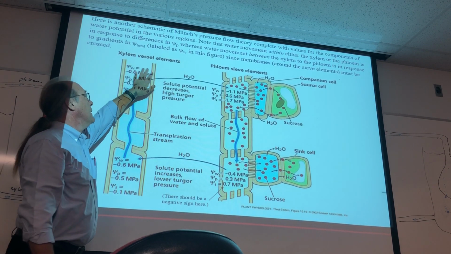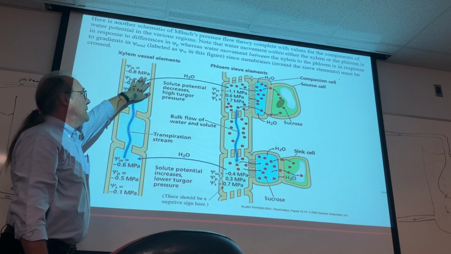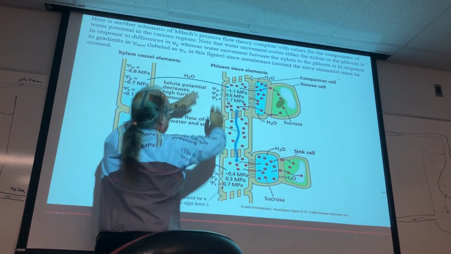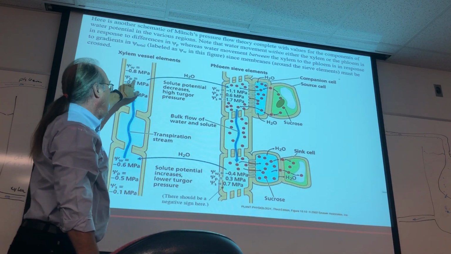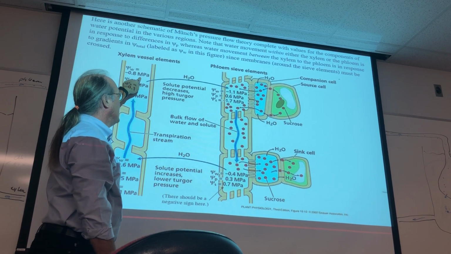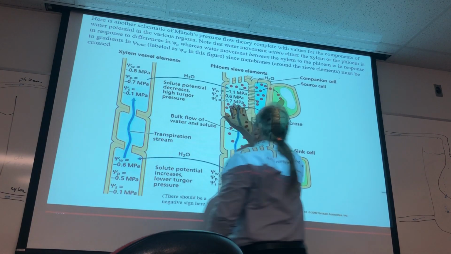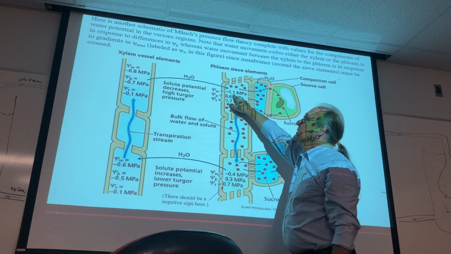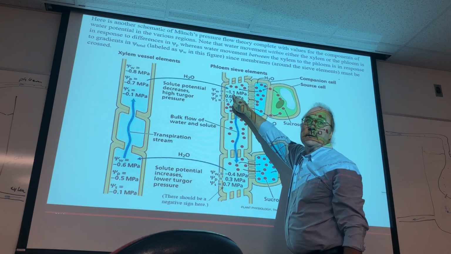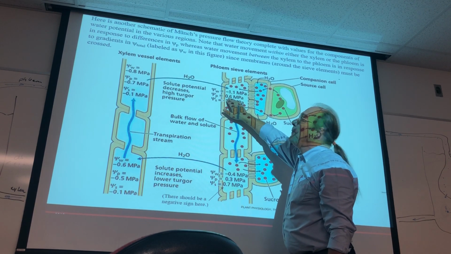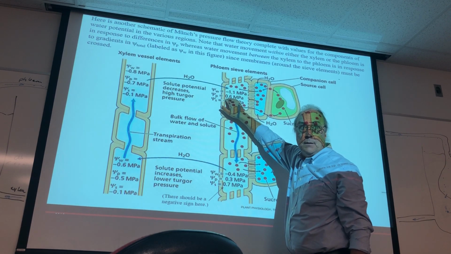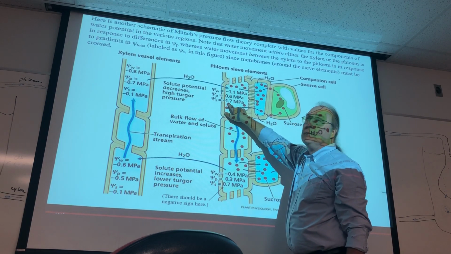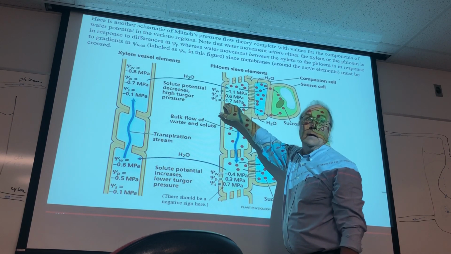Now, if we focus on this area where the xylem and phloem are together, here we have a total water potential of -0.8. But in the phloem in that region, the total water potential may be -1.1 megapascals. That's made up of a positive pressure potential and a very negative osmotic potential relative to the xylem.